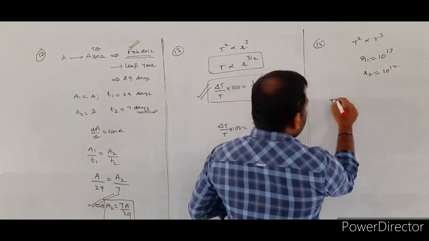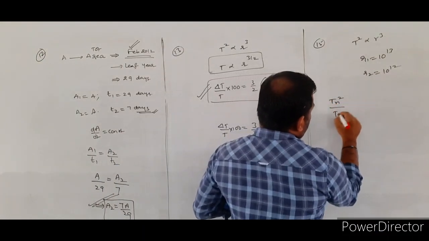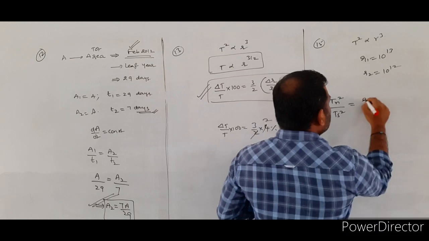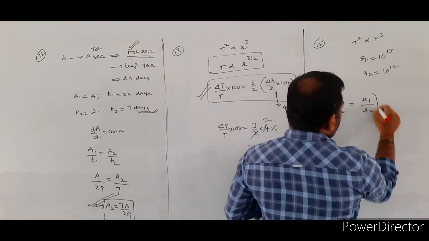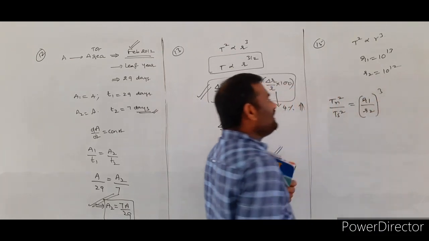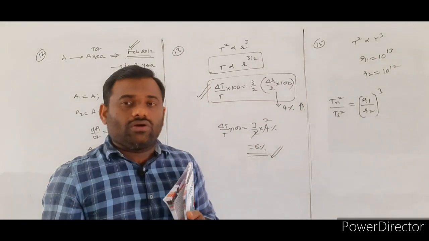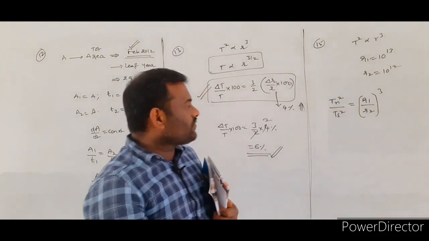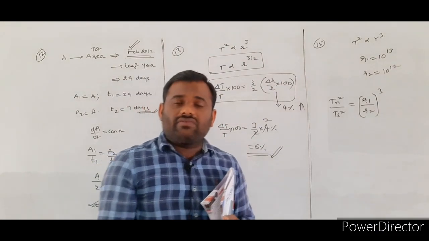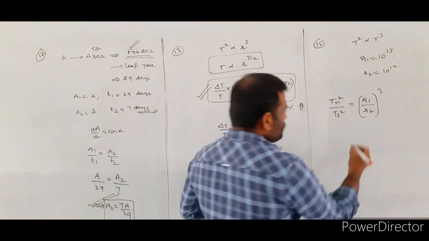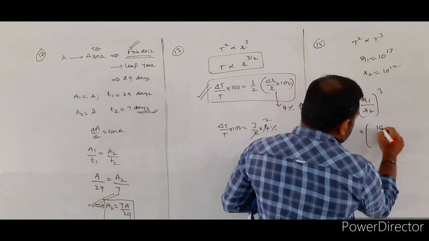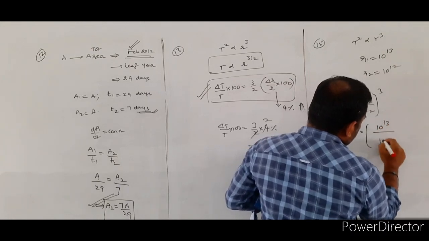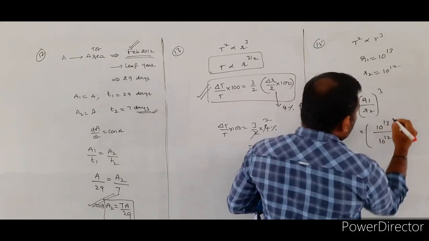So Tn square by Ts square is equal to R1 by R2 whole cube, for Neptune N and Saturn S. Here this is 10 power 13 by 10 power 12 whole cube.